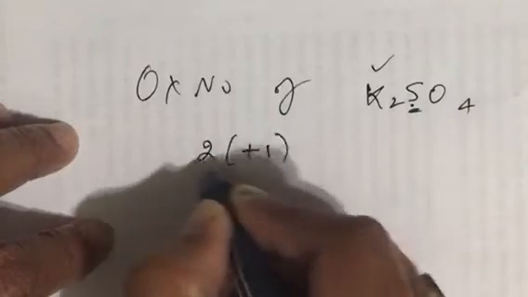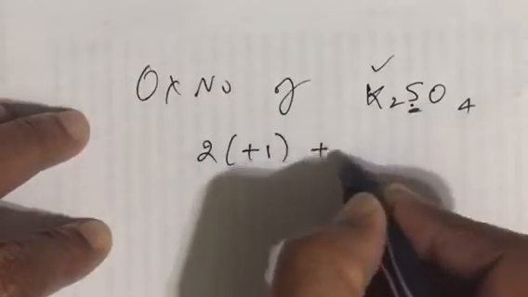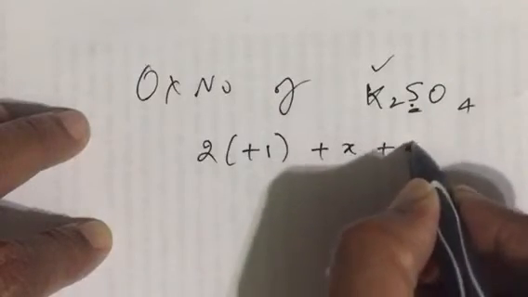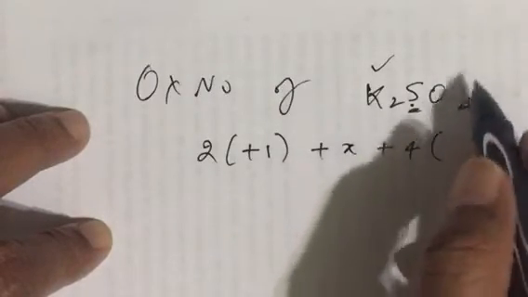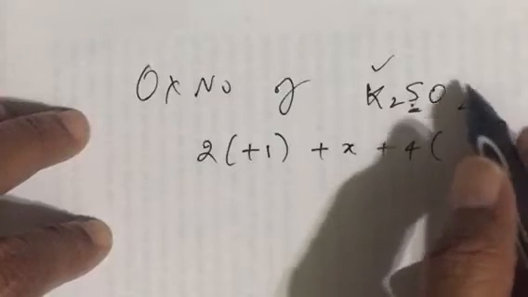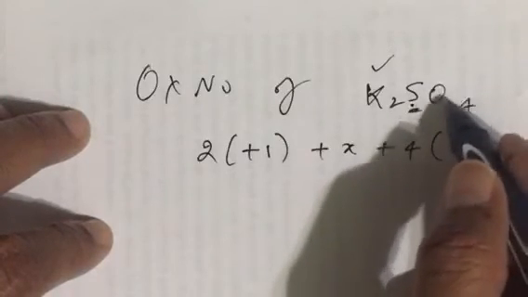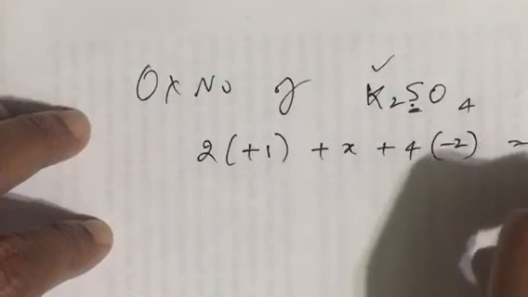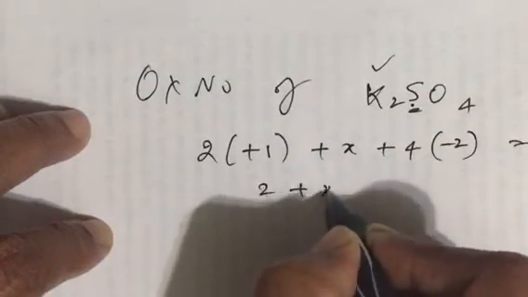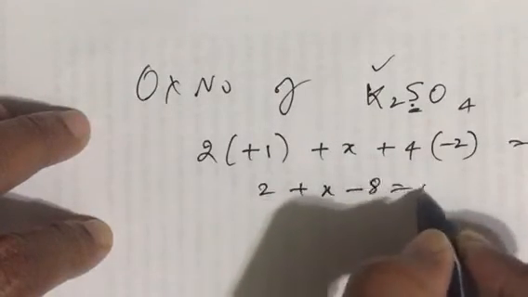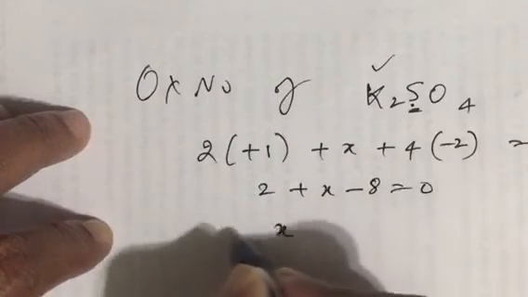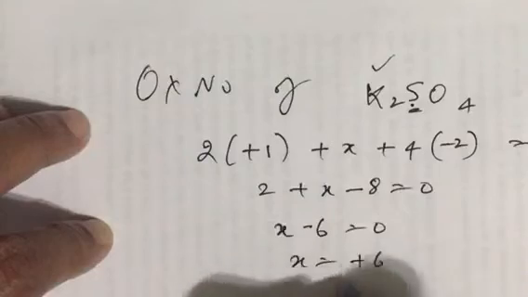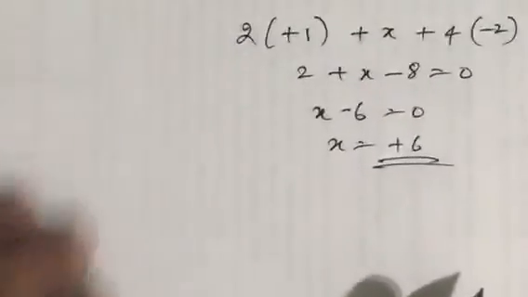Potassium is always plus 1, so 2 times plus 1 plus S, I don't know, I say it is X, plus 4 oxygens. Oxygen in any case when it is not bonded to fluorine, not in superoxides or peroxides, it is minus 2. So 4 times minus 2 is equal to 0. 2 plus X minus 8 is equal to 0. Therefore, X minus 6 is 0. X is equal to plus 6. This way you can find the oxidation number.